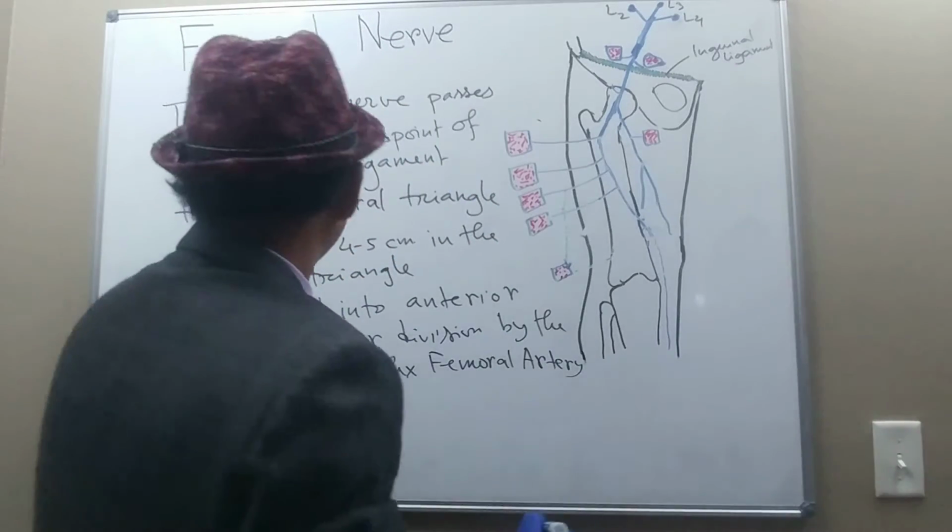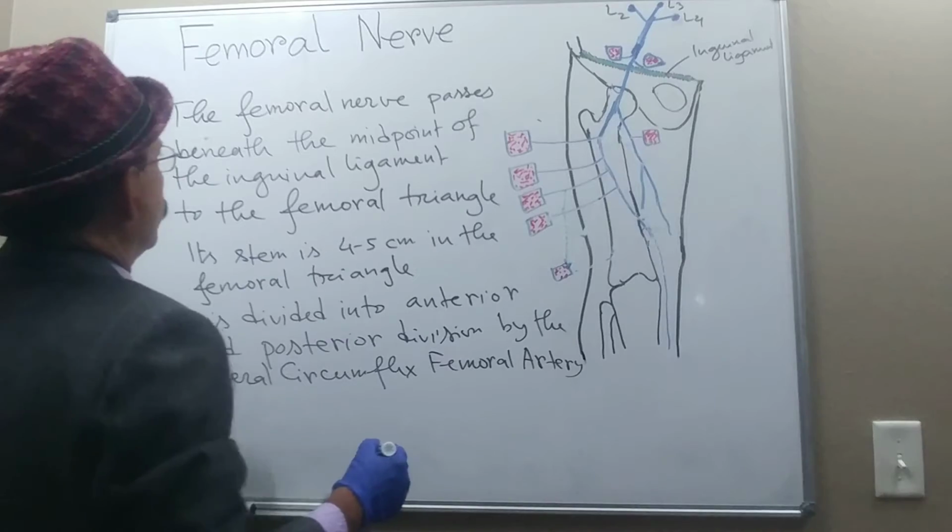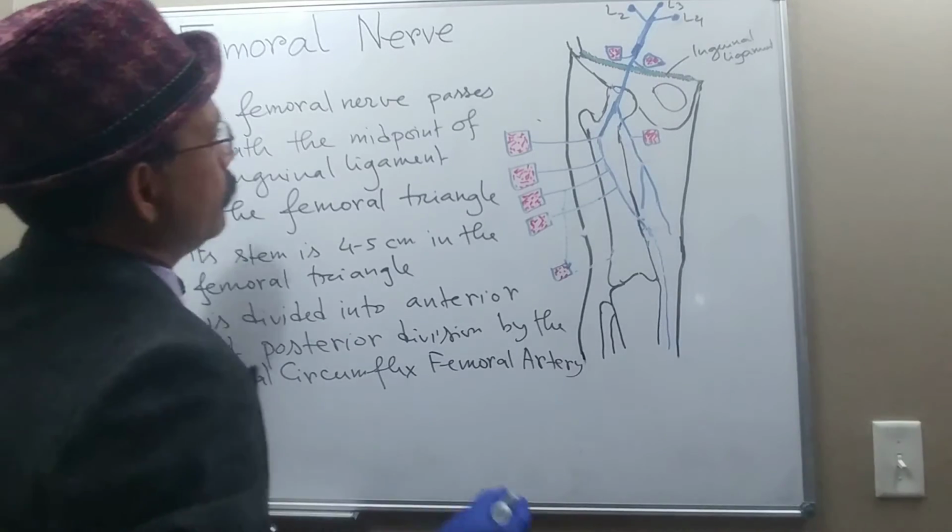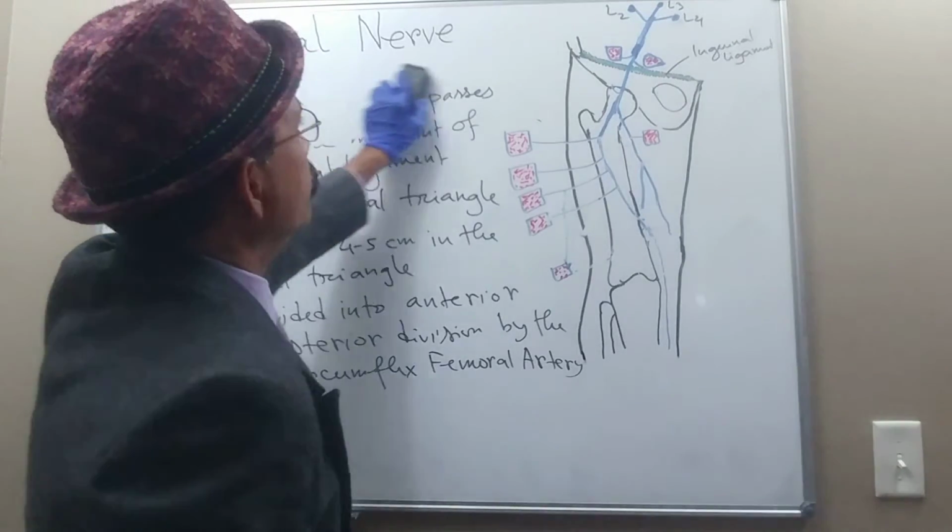Okay, we got that. So it has two divisions, anterior division and posterior division.